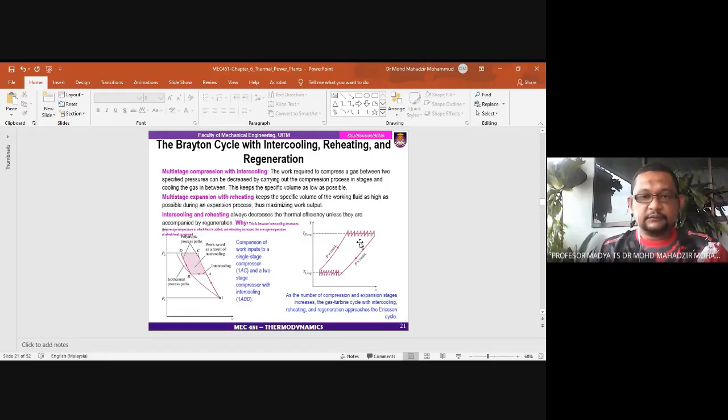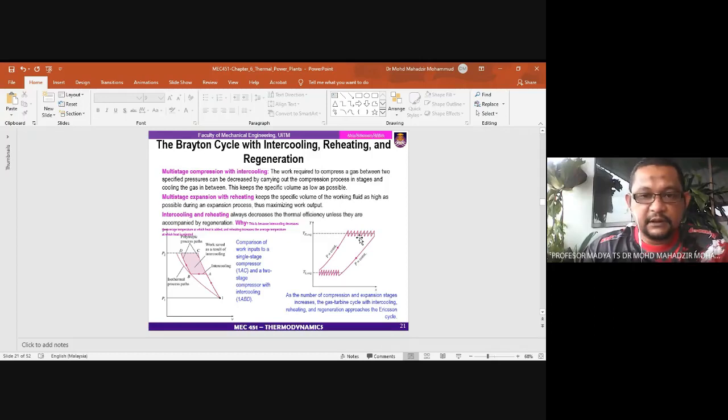But intercooling and reheating always decrease the thermal efficiency unless they are accompanied by regeneration. Why does this happen?